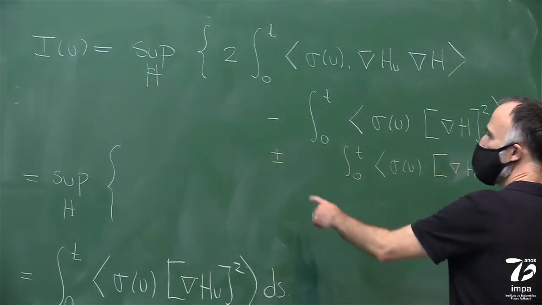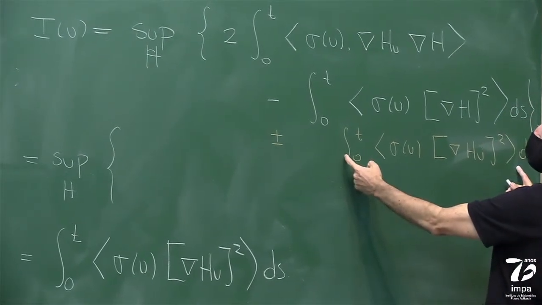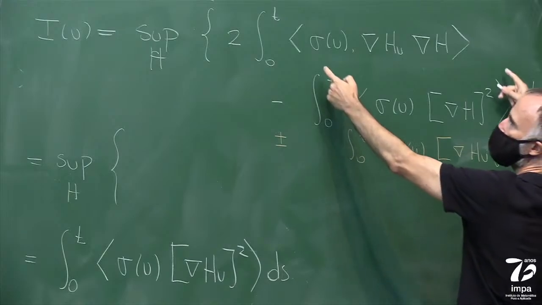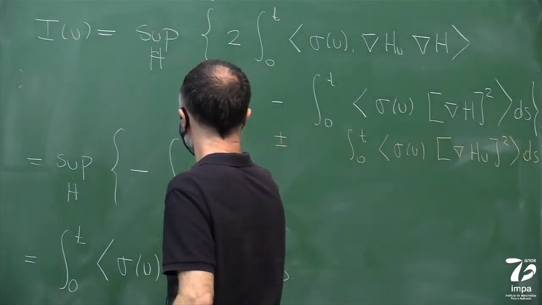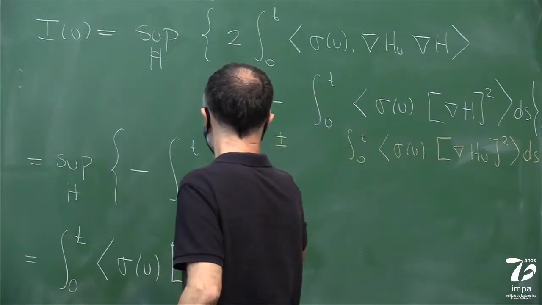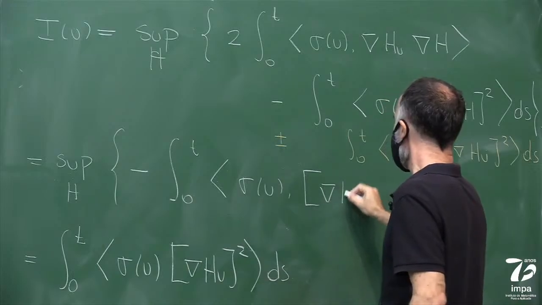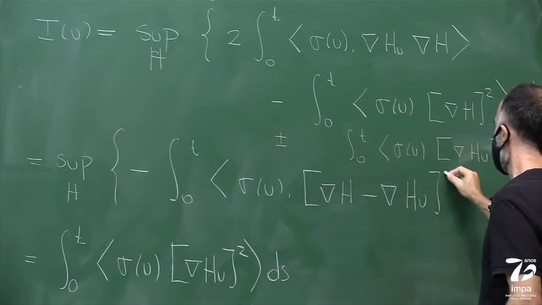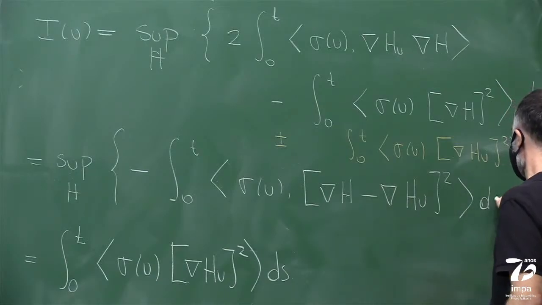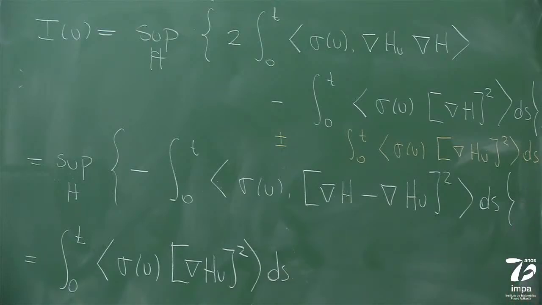Okay? And then remained the minus. So I have minus this expression, minus this one, plus this one. So this is minus the integral from 0 to t of sigma of u, dh minus dhu, squared, ds. Okay? I just completed the square. So this is what I get.